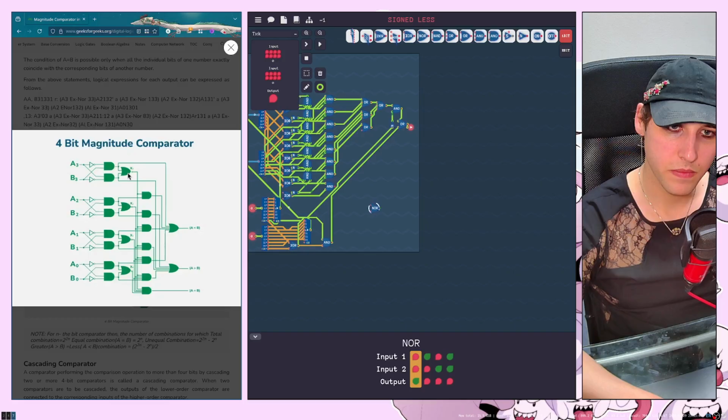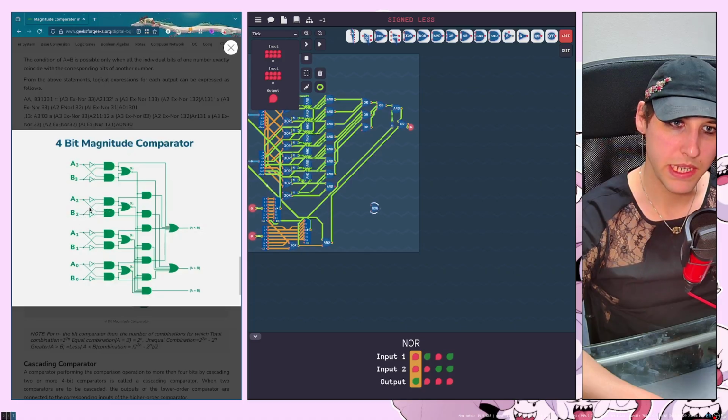Now, using this OR means there's no difference in the highest bit, the most significant bit. So if this is the case, then the next highest becomes relevant.